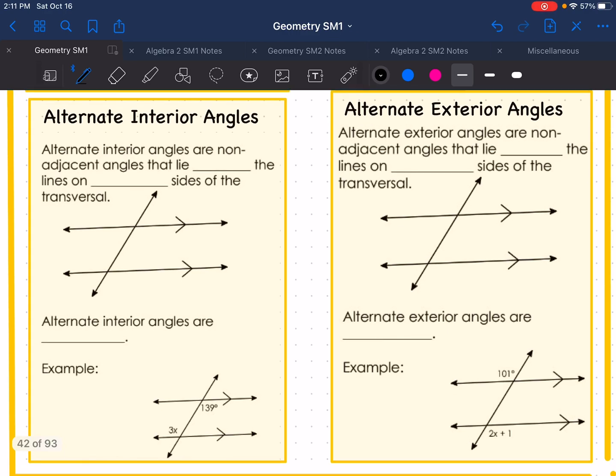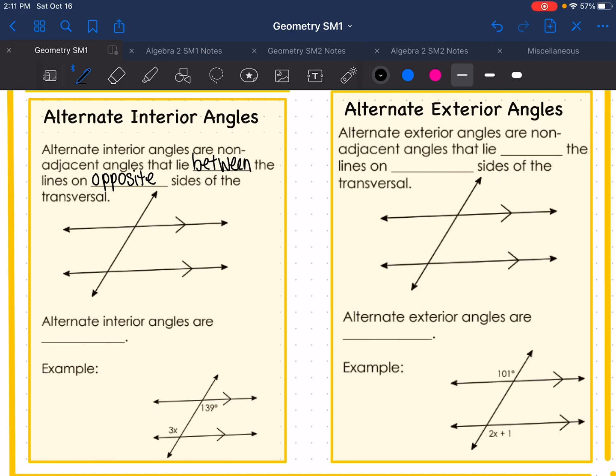All right, the 2 alternates, the alternate interior and the alternate exterior angles. They're pretty much the same, it's just their positioning. Alternate interior angles are non-adjacent angles that lie between the lines on opposite sides of the transversal.